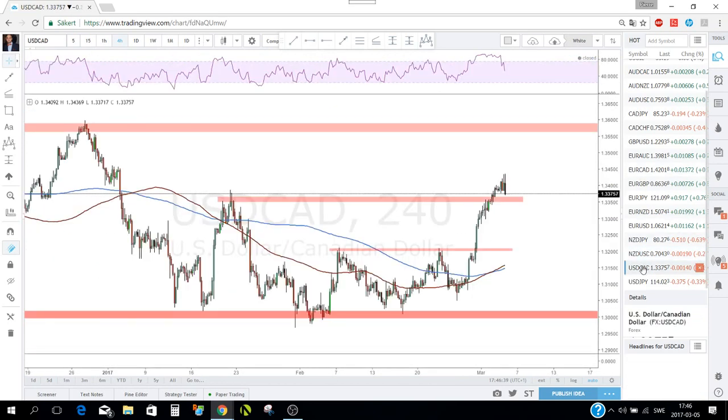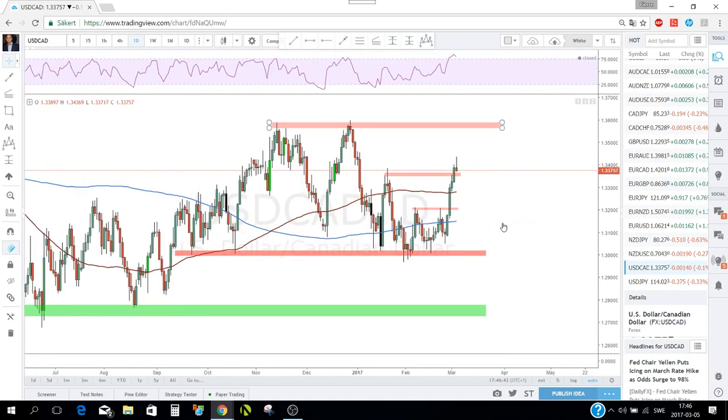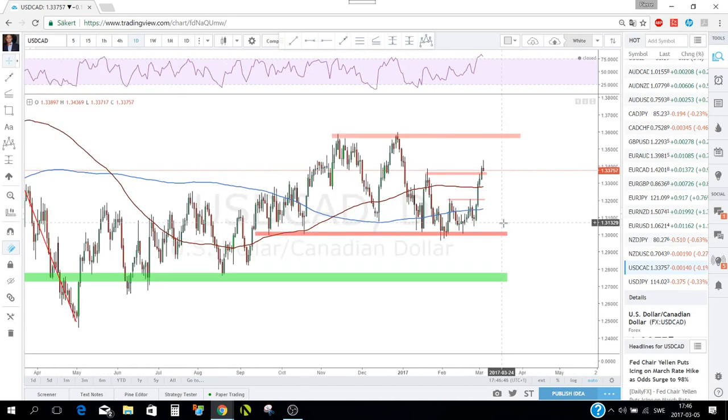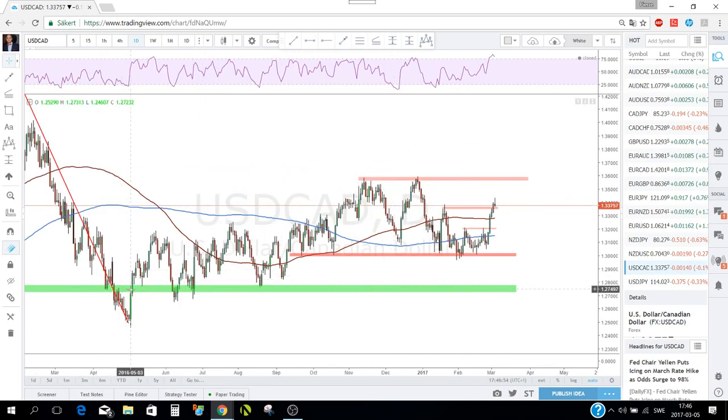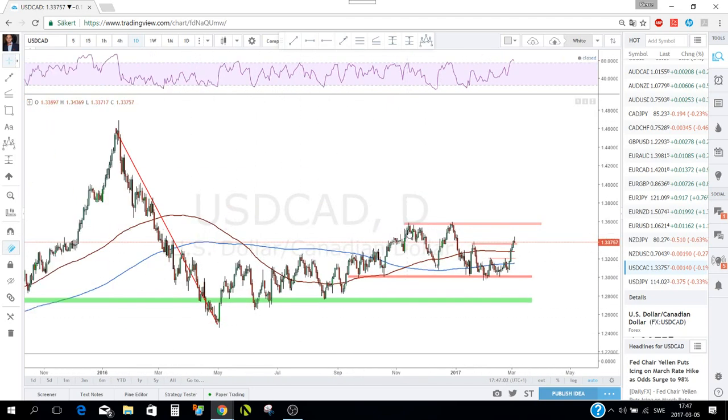USD CAD, crazy move, and this pair wasn't easily traded by many traders. For almost this whole 1.5 years, this pair was ranging and making this correction move after this impulsive move to the downside.